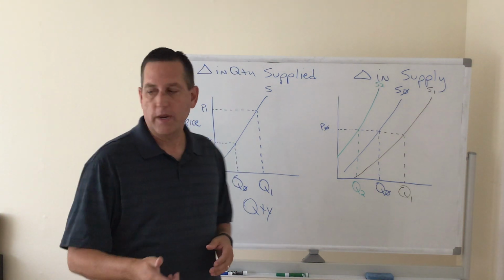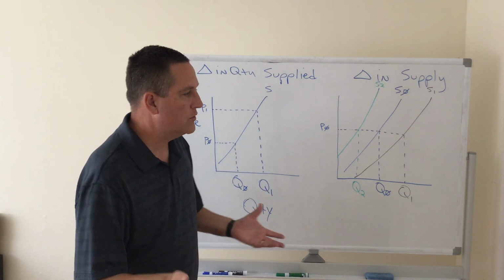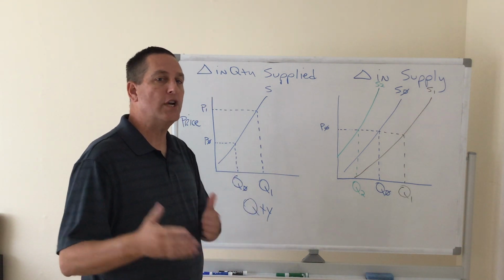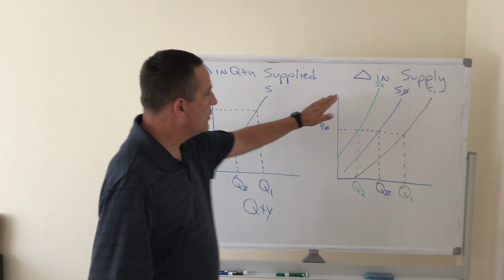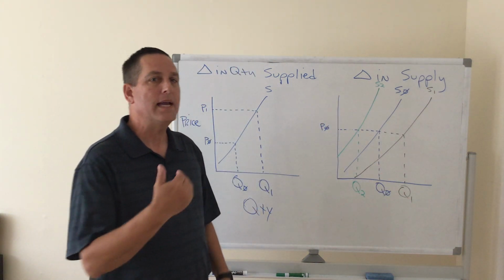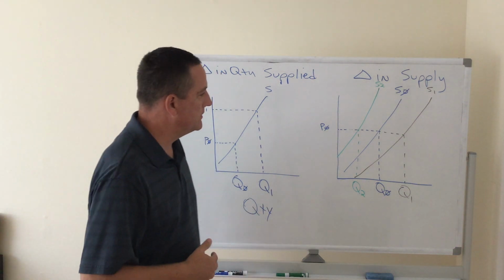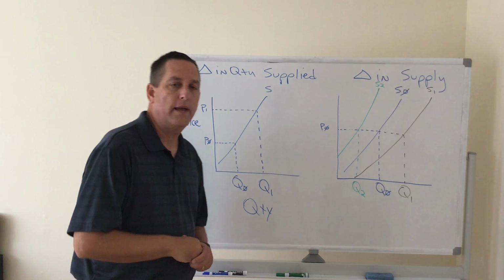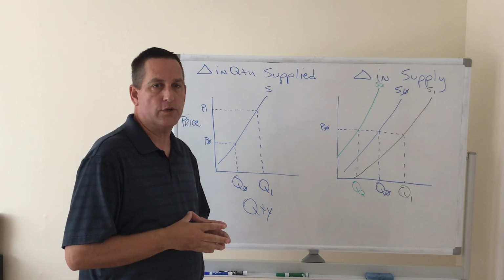Well, what will cause that? On pages 121, 122, 123, they talk about the reasons for a change in supply. What will cause the suppliers to say, hey, let's make more of them, or hey, let's make less of them, even though the consumers are willing to pay the same price? The first one's probably the most important one, a change in the cost of resources.